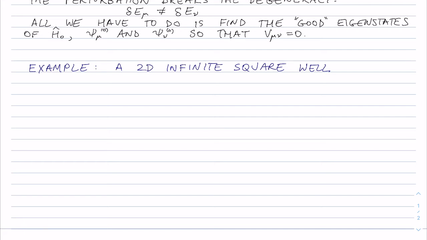So the 2D infinite square well that I'll choose will be a simple Hamiltonian, U of x, y is equal to 0 if x is between 0 and a and y is between 0 and a, and it's infinity otherwise.